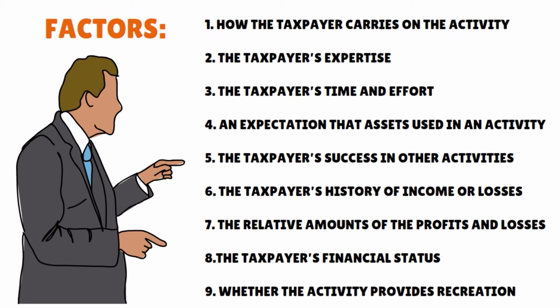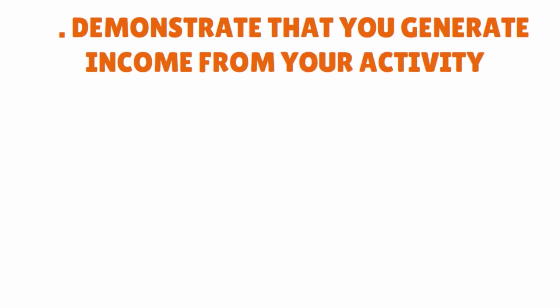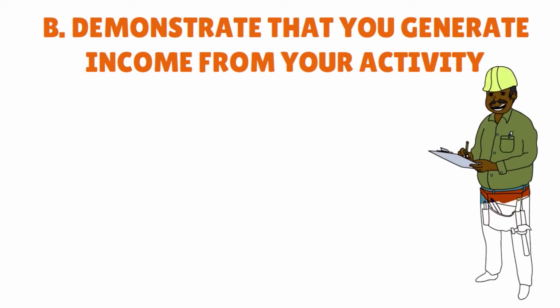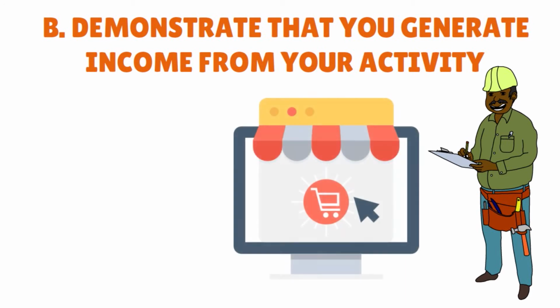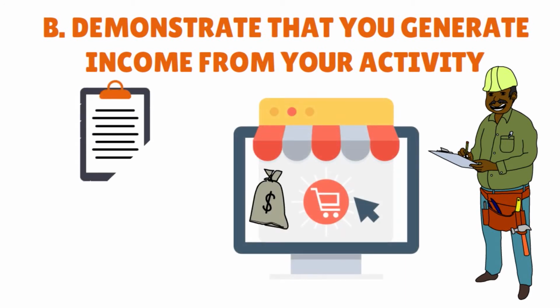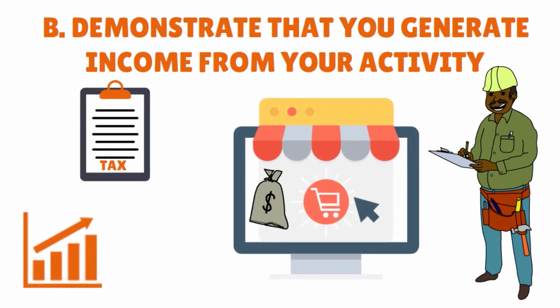And now, after you demonstrate that you are self-employed, you need to demonstrate that you generate income from your activity. How can you demonstrate that? There are several things you can do. You can show pay stubs if you derive a regular salary from it, a proof of income letter, your tax documents for the last 2 or 3 years, a Social Security proof of income letter, a profit and loss statement or ledger documentation, or bank statements.